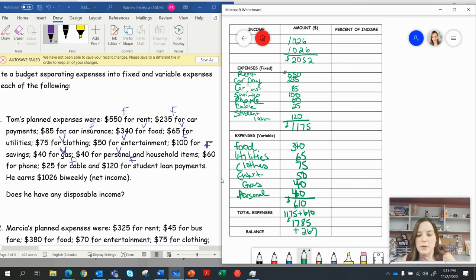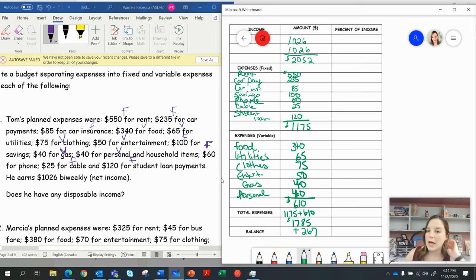Now it might seem weird to write that positive. The reason we do that is because you always want your balance to be positive or zero. You never want it to be negative. So if ever you get that you spent more than what you make, I do want you to put a negative in front there, which is why we're going to put a positive as well, just to remind ourselves that they didn't spend more than what they made that month.